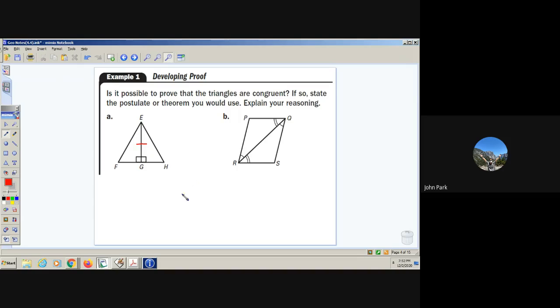Now, we need one more piece of information, whether it's the angle or the side, but we don't have that here. So this is not enough information, right? We only know two things. We need to know three things in order to use either SSS or SAS or ASA or AAS, right? Those are the four that we just looked at, two from last time and two from this time. But none of them will work if you only have two pieces of information, right?